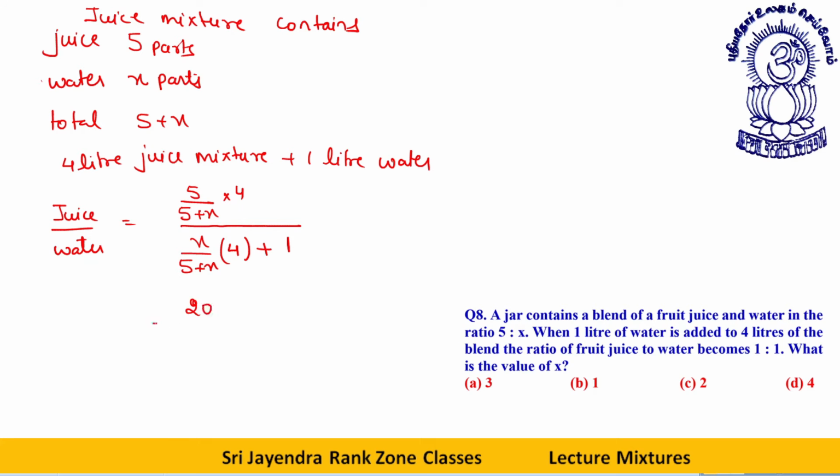I will get 20 upon, this 5 plus x will be cancelled, 4x plus 5 plus x. This ratio is given to us as 1 is to 1. So from here, what do I get? 20 is equal to 5x plus 5, or 15 is equal to 5x. X is equal to 3.